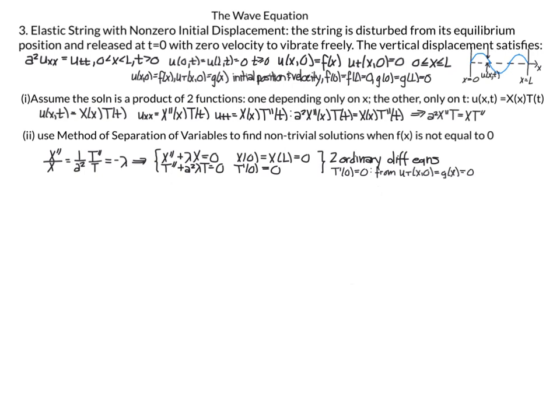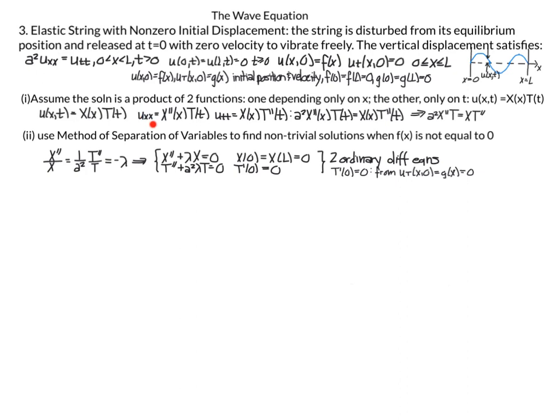But we will start by assuming the solution u of x, t. Remember, u is this displacement and it depends both on position, where we are on the string, and time. So we're going to assume u of x, t is a product of capital X, which depends only on position, and capital T, which depends only on time.